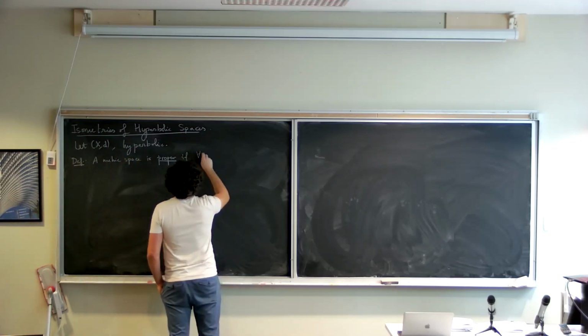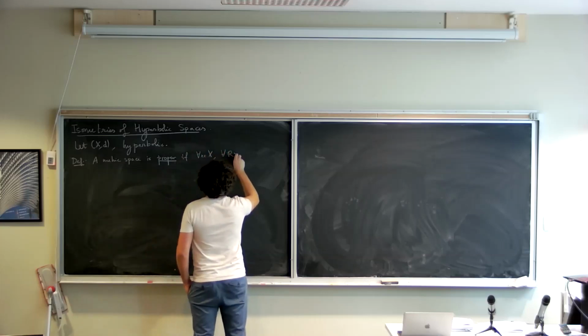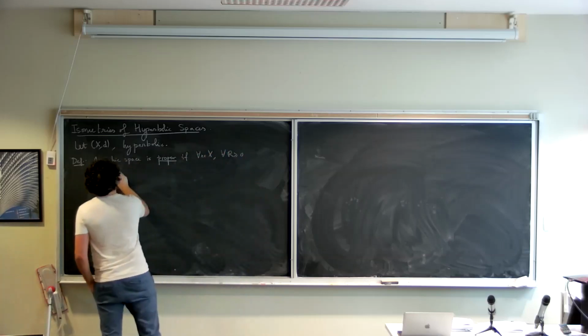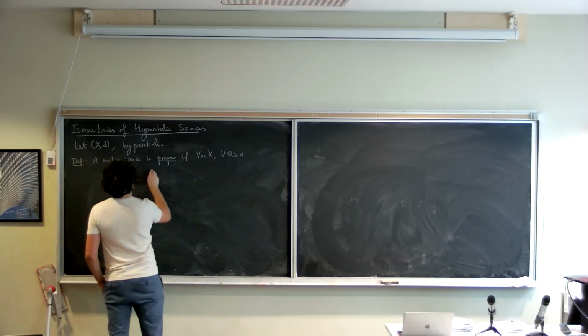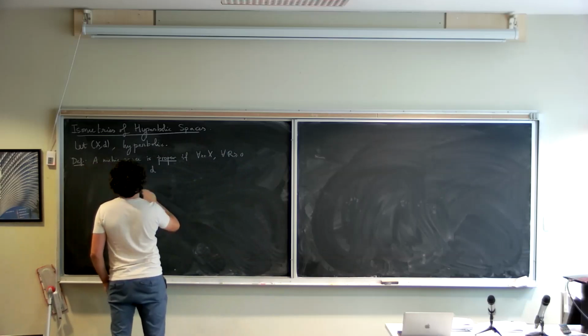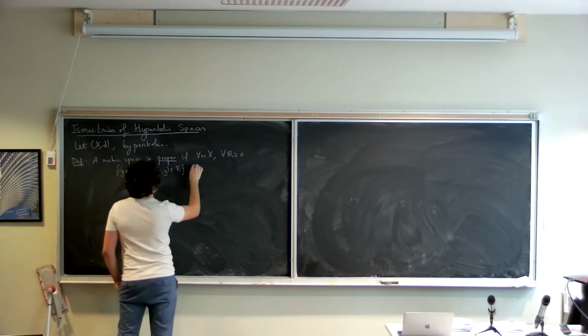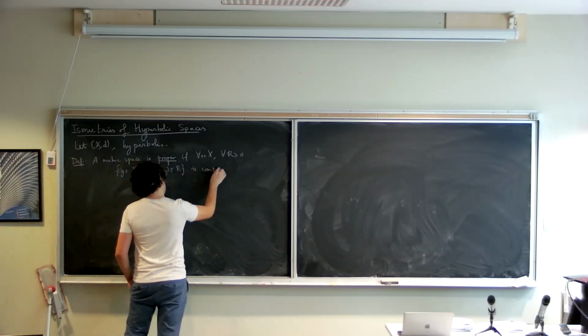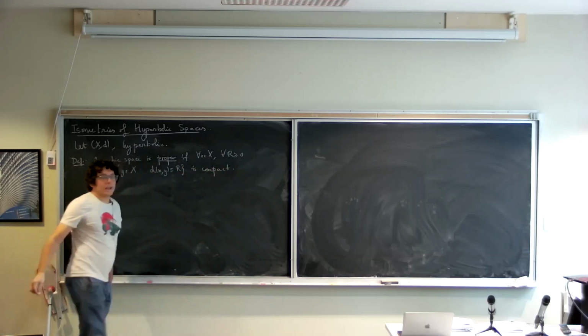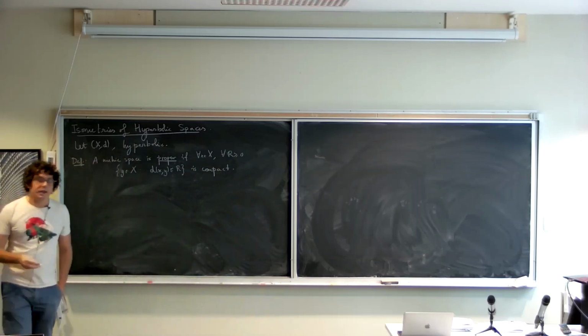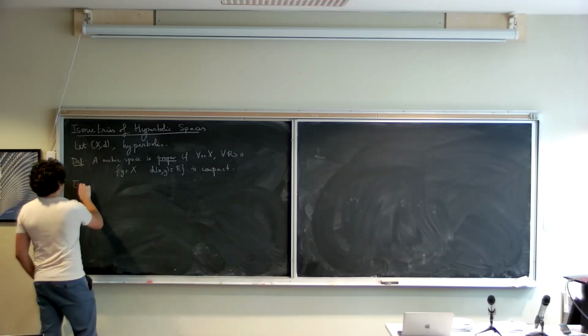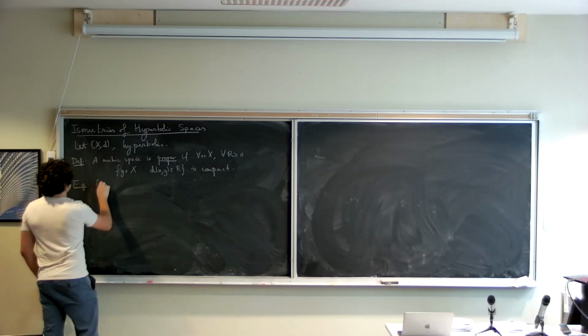So for any x in X and any R, the set of y in X such that the distance between x and y is less than or equal to R is compact. So the spaces we have looked at so far are proper spaces, for example finite dimensional manifolds.